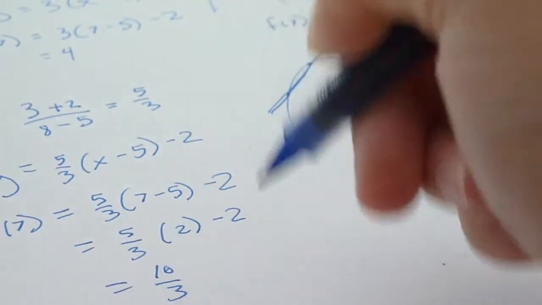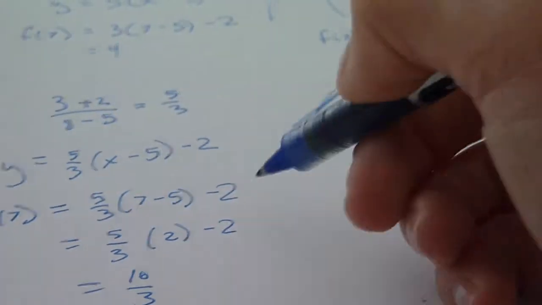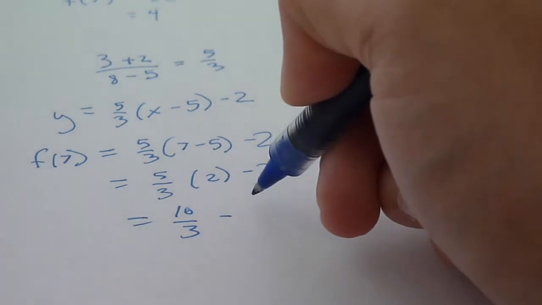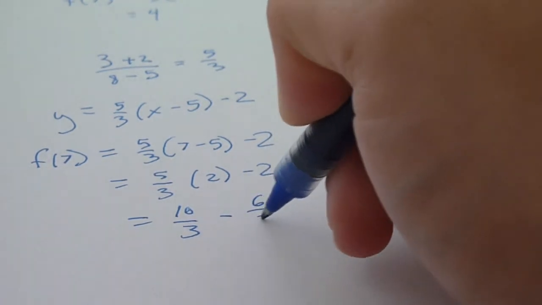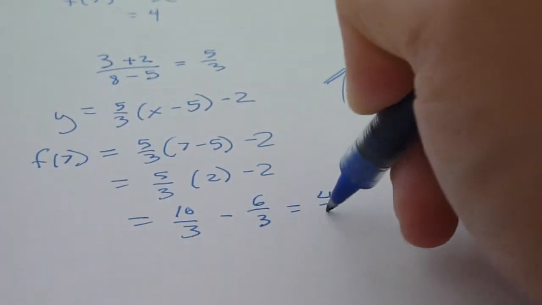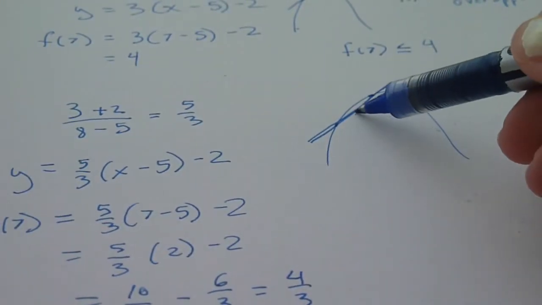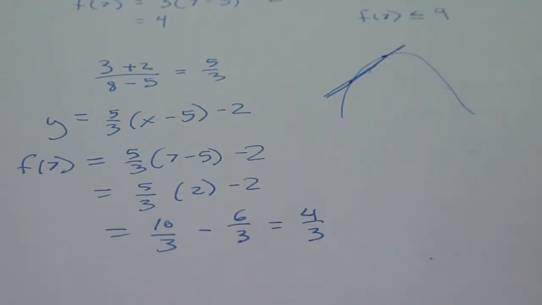This is a non-calculator question, so you have to do some conversions. Just convert 2 into thirds, and you'll get 6/3. And so the whole thing is going to be 4/3. So using this line, f of 7 is 4/3.